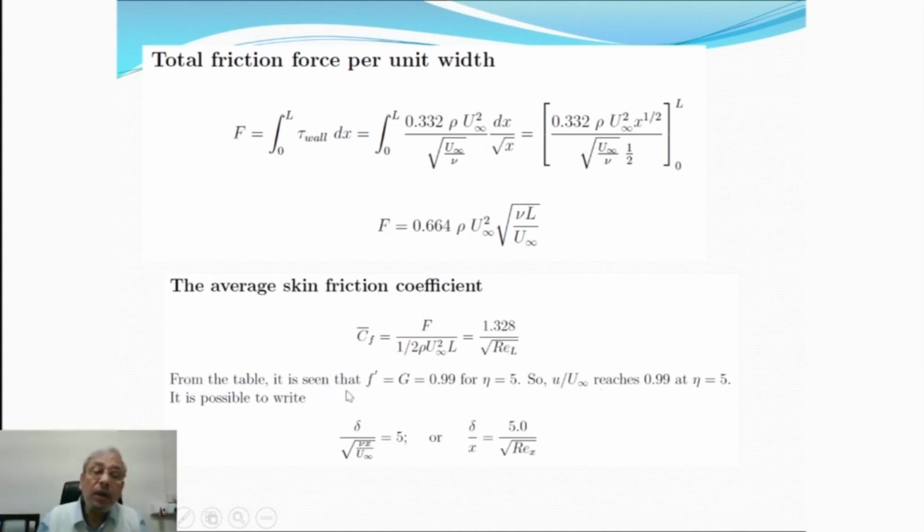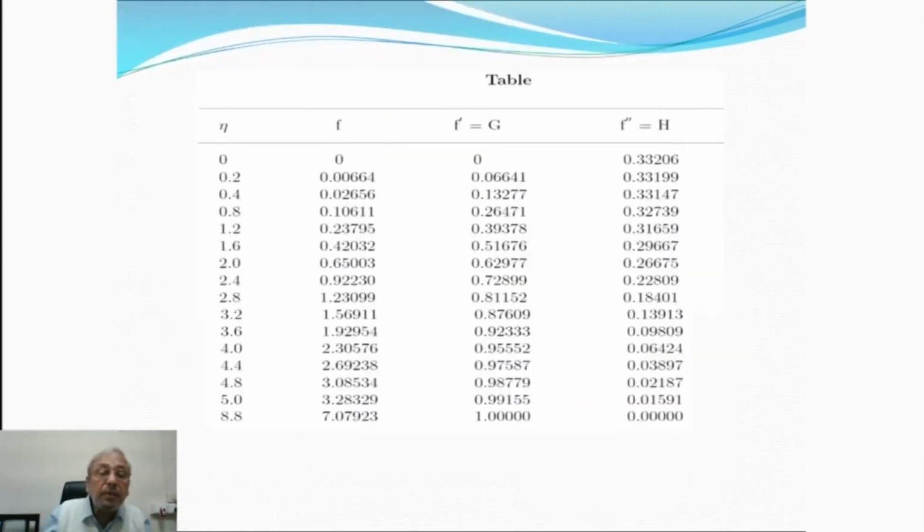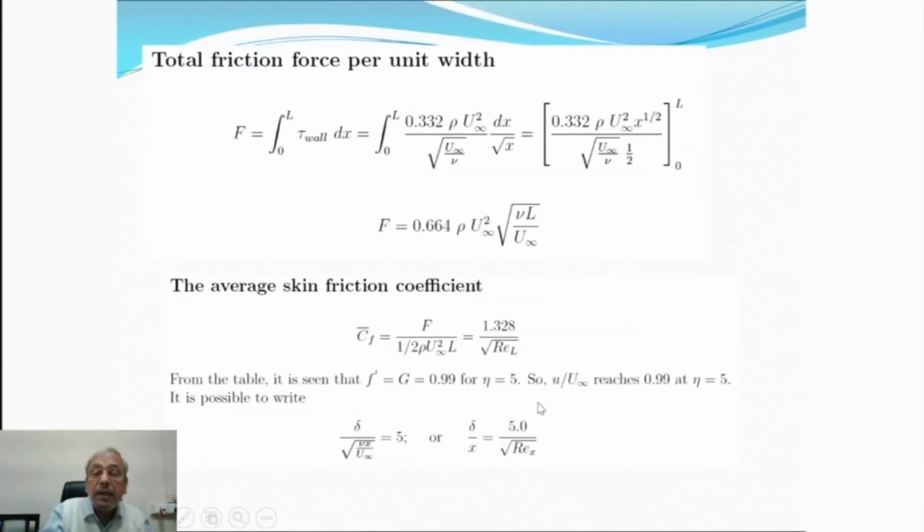From the table, it is also seen that f prime equal to 0.99 for eta equal to 5. I've already mentioned it.